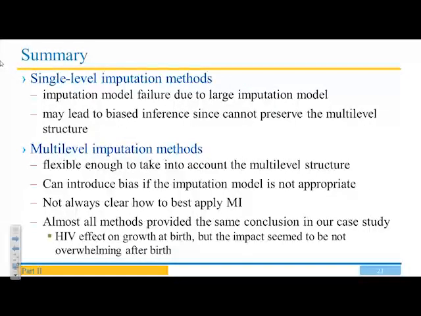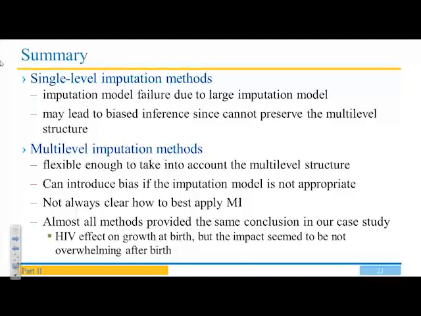So in terms of adopting a standard multiple imputation approach for multi-level data, I mentioned that you get a large imputation model that may lead to a convergence issue and maybe biased results. If you run your model, you may get biased results, because just remember that these types of methods cannot preserve the multi-level structure of the data.